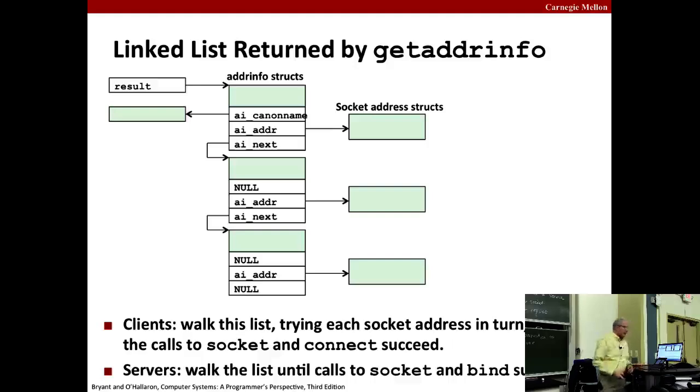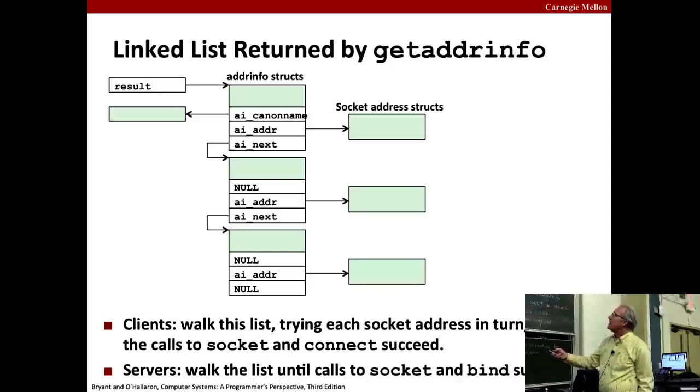And so the result that's returned by getAddrInfo is a linked list that is null terminated, just like most linked lists are, where it gives some naming information.